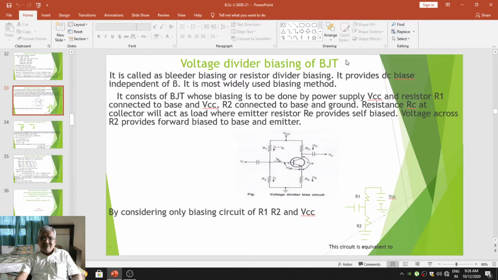Students, it is a widely used method of biasing. It is also called the resistor divider biasing method because here the resistance is divided into two arms.